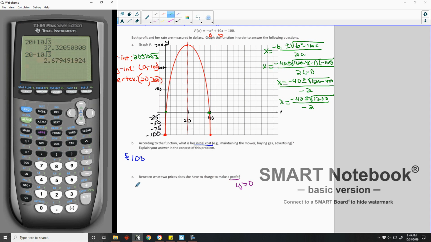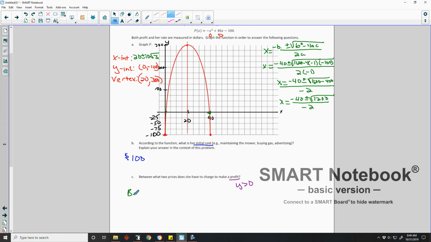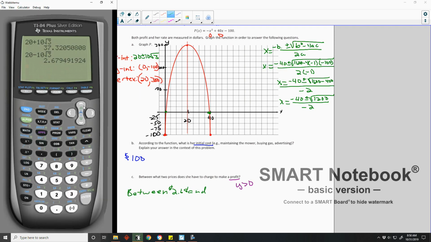And there's my plus or minus values. Okay. So since the question's about money, we will approximate it, and it will be between what 2 prices will she have to charge to make a profit. So if she charges $2.68, she'll break even. So it'll be between $2.68 and $37.32.